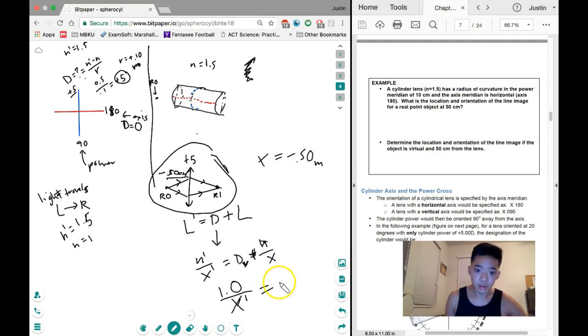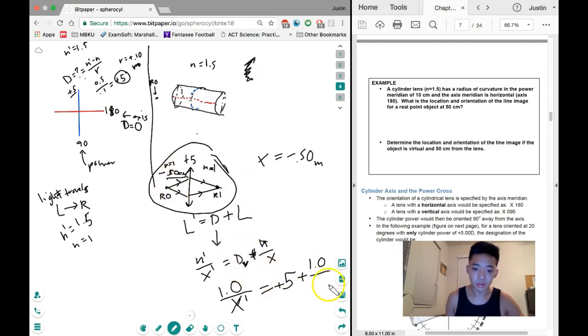So the D of the vertical is 5, and n is also 1 because the object was in object space over here. So we have n equals 1 and n prime equals 1. Hopefully that makes sense.